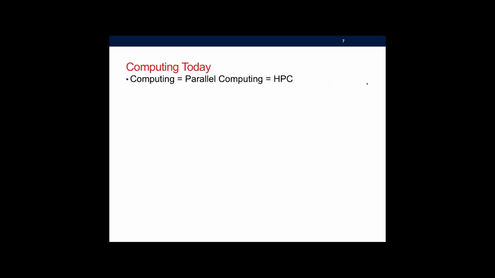So let me start with computing today. I'm going to argue that computing today really means parallel computing, and you need to do high-performance computing. Why is that? First of all, any computer you touch today has parallel processing power. I will start with a very simple example. Your laptop probably has at least 2 cores inside the CPU that can do 2 things at the same time.